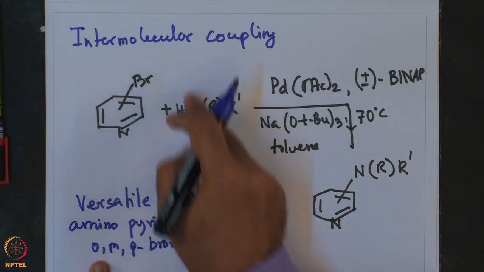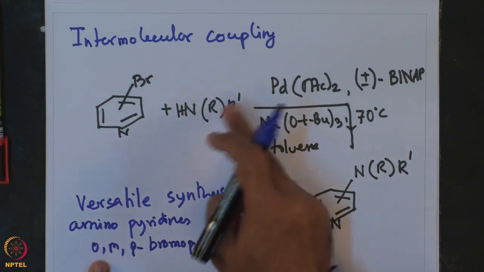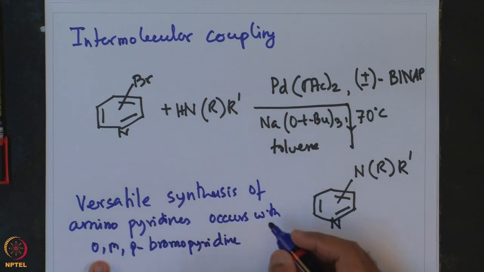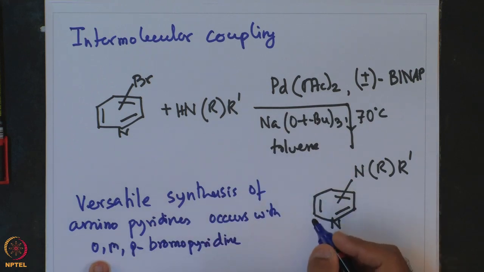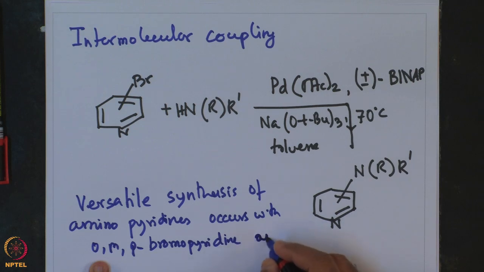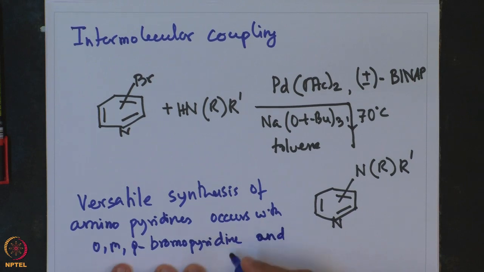So, it can be anywhere, ortho, meta, para, this amination would occur to give aminopyridine, and it occurs for primary as well as secondary aryl and alkylamines.